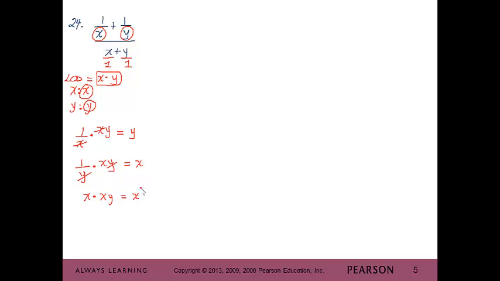Well, that's x squared y. And then y times xy. Well, that is x y squared. And our expression will become y plus x, all divided by x squared y plus x y squared.